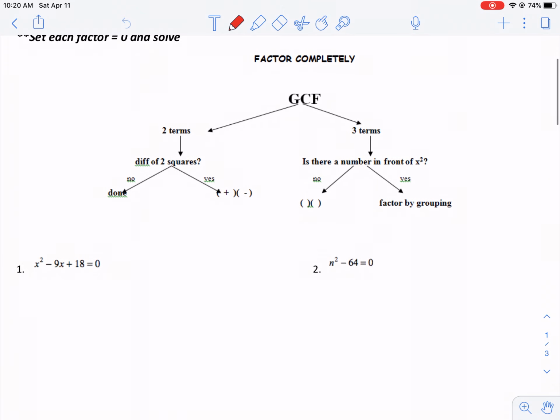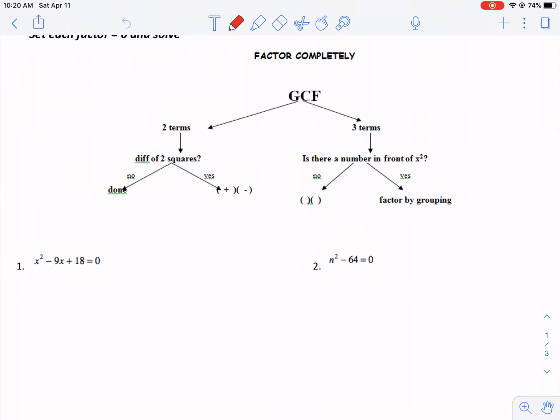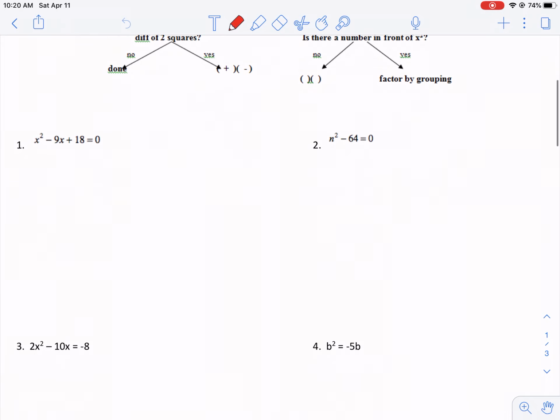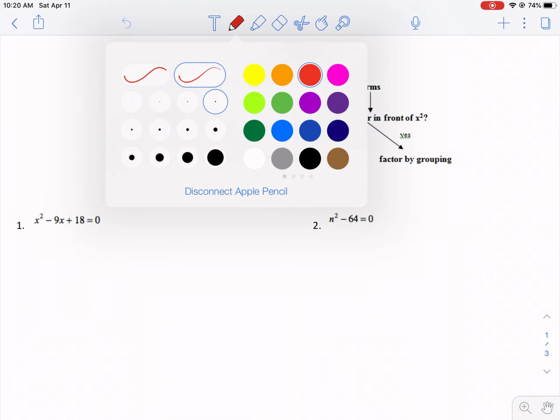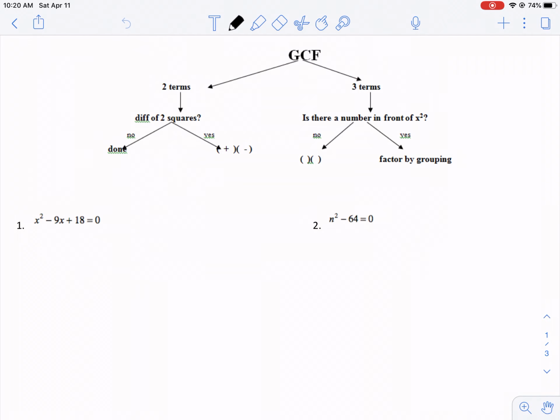So the factor completely chart has been put into this lesson to remind you of what you did way back then, and we will take a look at number 1. So number 1 said first step was to set the equation equal to 0. Well, the equation is already equal to 0. Everything is on the same side. So we are now on the factor completely step.